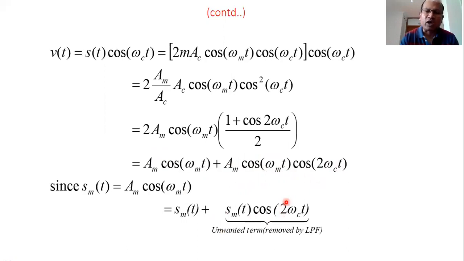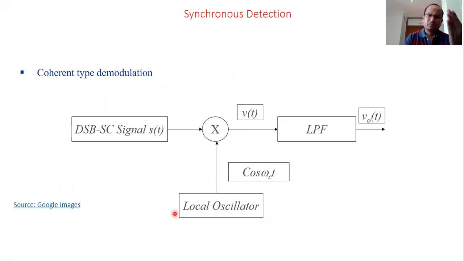It is treated as an unwanted signal, because our desired signal is SMT, which is AM cos omega MT. When we pass through the low pass filter, this double frequency component gets rejected, removed or suppressed, and we get our signal. So synchronous demodulation helps to recover the message signal from DSBSC.